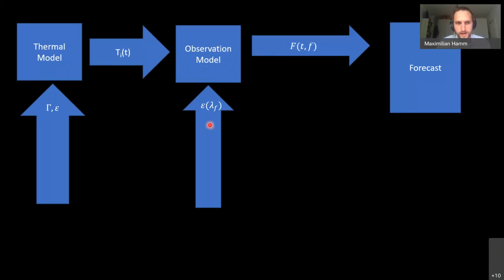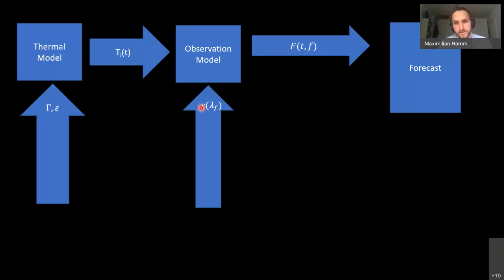And part of these parameters go into this observation model. So here we have the thermal inertia and then the surface emissivity. The emissivity is the effectivity of the surface to lose energy via radiation. So emissivity is 1 when you have a perfect black body, and real objects have an emissivity smaller than 1.